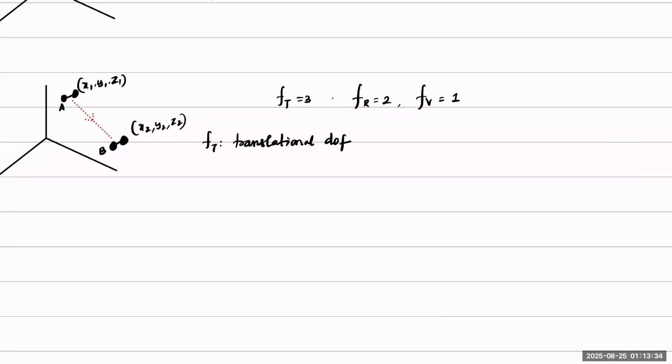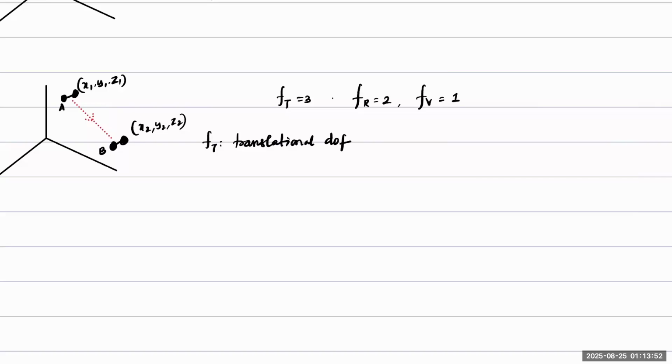Everybody, did you understand? For a linear molecule, you'll always have 3 translational, 2 rotational, and 1 vibrational. So here we find a pattern.